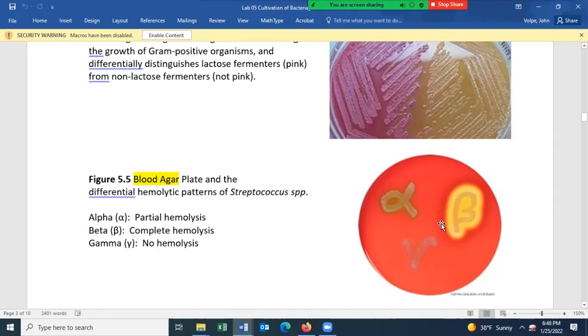You'll note that there is a ring of alpha hemolysis around the beta hemolysis. This is typically something we see, that around beta hemolysis, further out, we have partial hemolysis. But this we call beta hemolysis. That's alpha hemolysis, and that's gamma hemolysis on a blood agar plate.